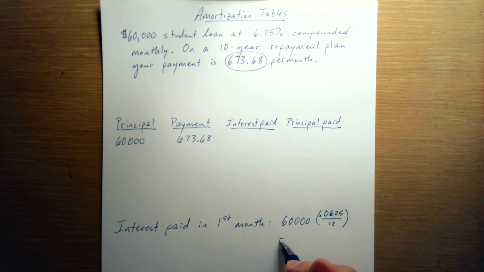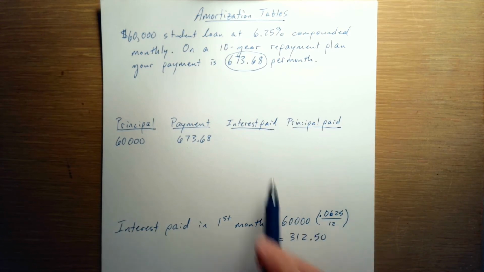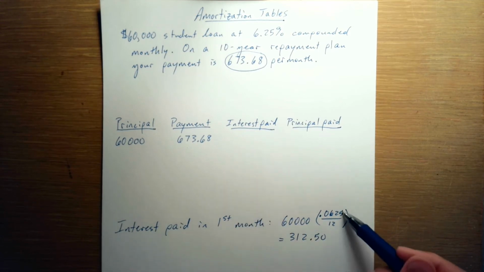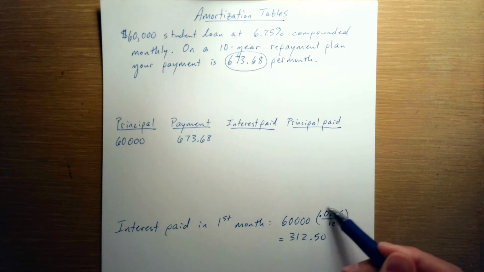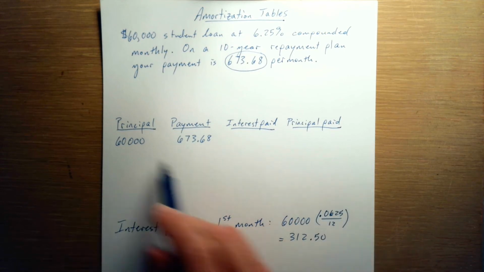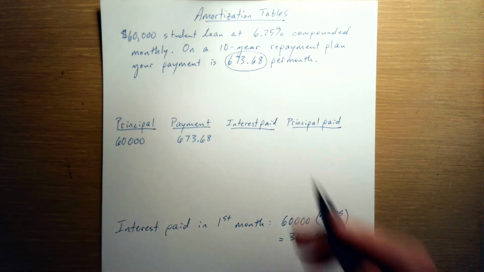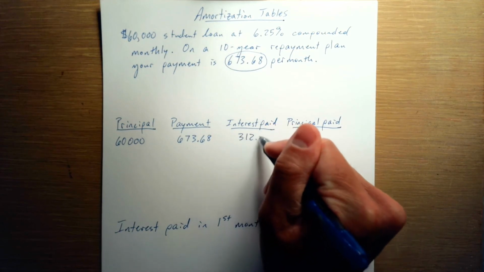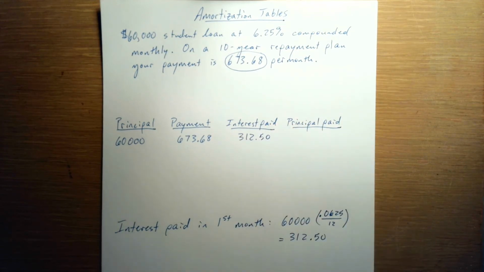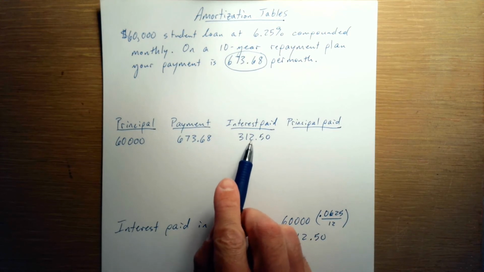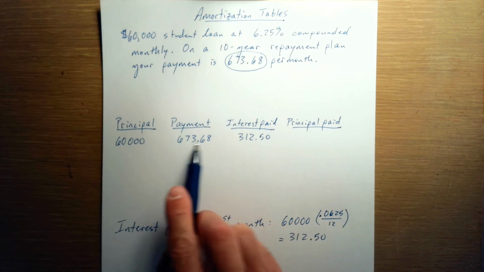So if you multiply this out, you end up getting $312.50. So this is the interest that we pay in the first month, because that is the monthly interest rate applied to the principal for that particular month. So we put $312.50 here. And that's how much of this payment goes toward interest.